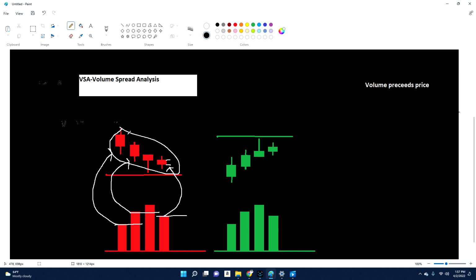As this price was moving down, yes, volume was picking up, but the momentum, the amount of effort they were putting into these candles to move price down, the market was saying, you had a wick here, long wick here, pushed it all the way back up, and then you couldn't even get below this candle here.